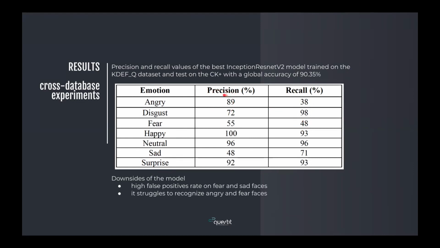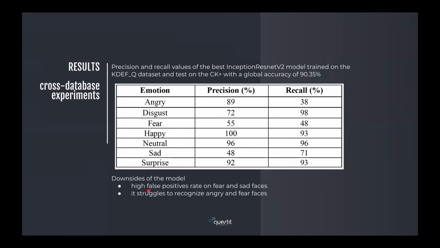Also, for angry the precision is quite high. So this means that when the model says that the emotion is angry, that emotion is angry with a high probability. Moreover, we get for fear and sad a precision around 50%.